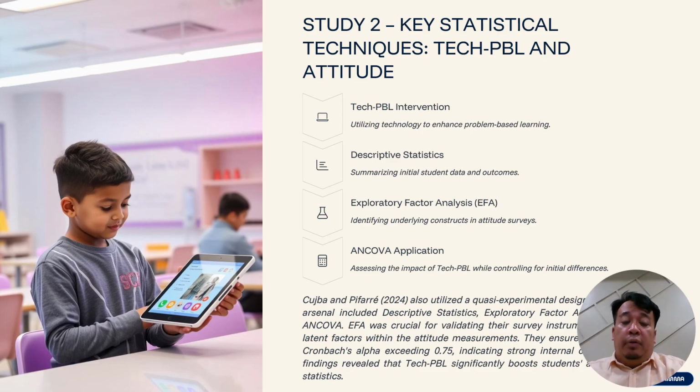Once the tool was validated, they applied ANCOVA again to compare student scores before and after the implementation. The result: statistically significant improvement in all three domains confirmed that the SPIDAS model positively impacts student attitudes. This shows how combining EFA and ANCOVA can strengthen a study's credibility and provide deeper insight.